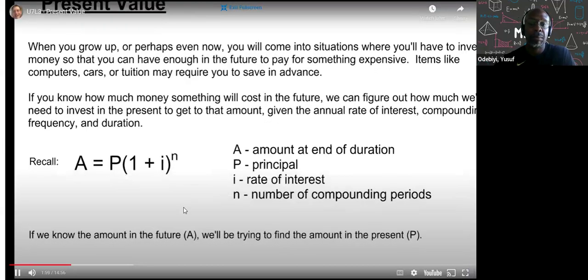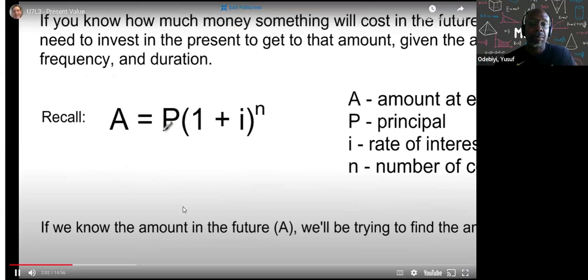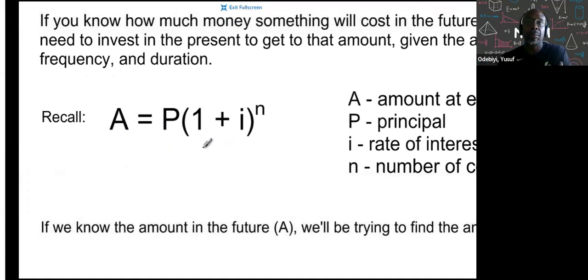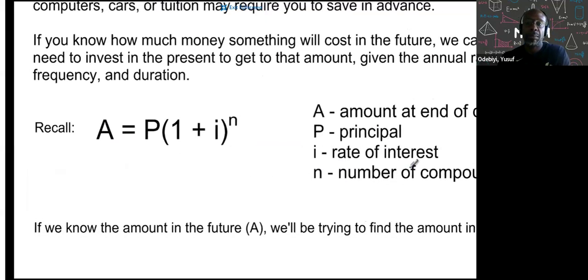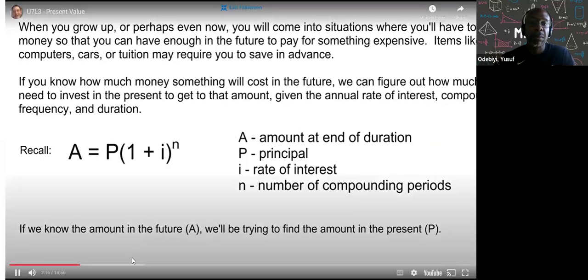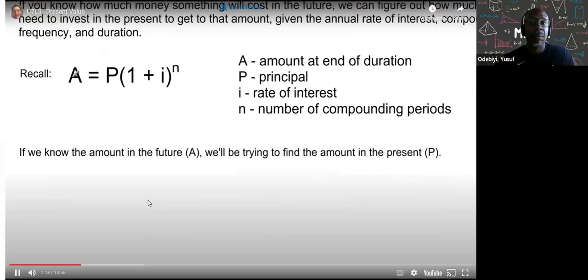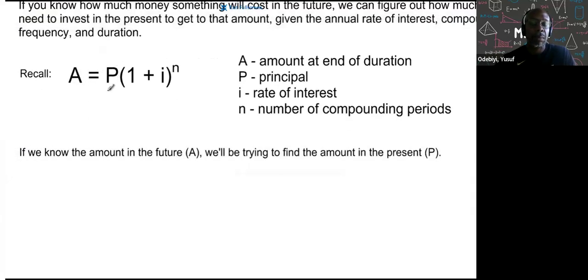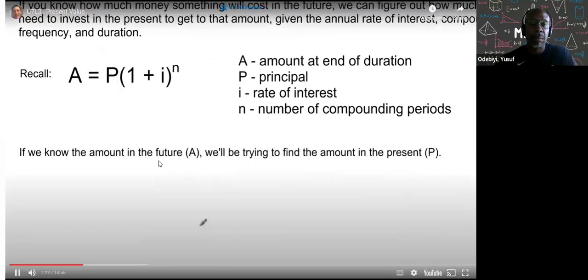Remember, the compound interest formula states that the total amount is equal to the principal times 1 plus I to the exponent n. And we've discussed what all of these things mean. A is the amount at the end of the duration, P is our principal, I is the rate of interest, and n is the number of compounding periods. So if we know the total or end amount, and I'm looking for the principal, or the amount that I need to put in, what's a formula that I could use to find that?